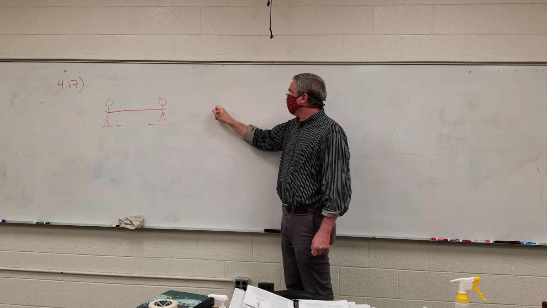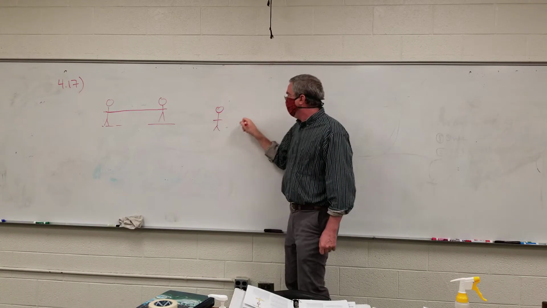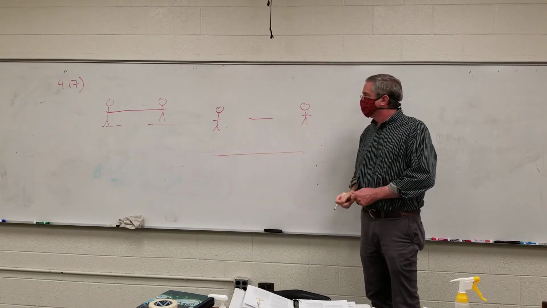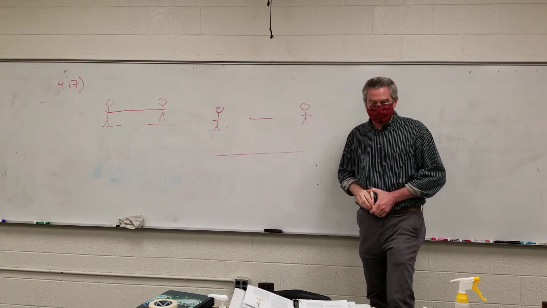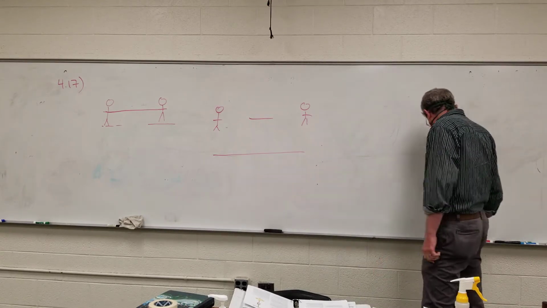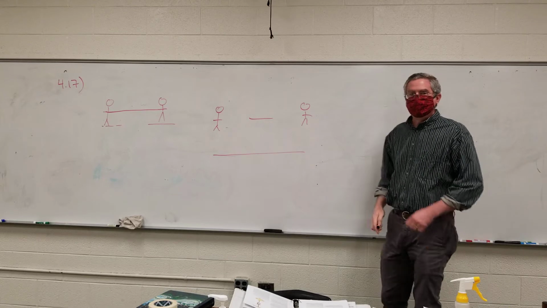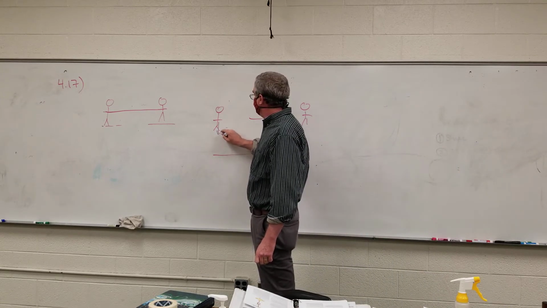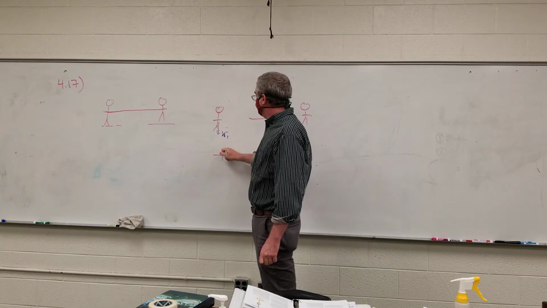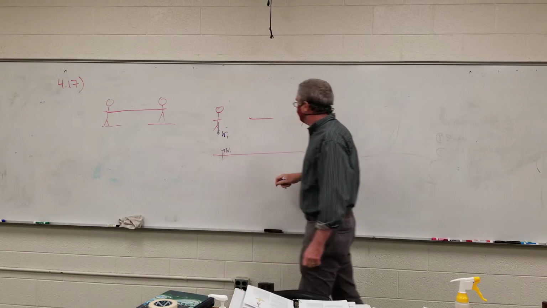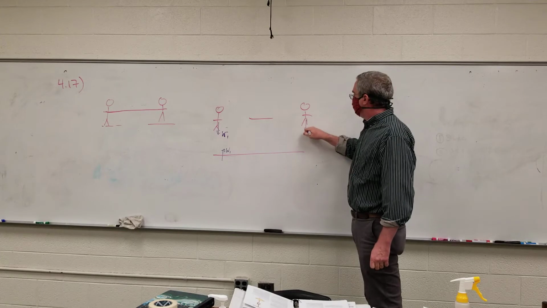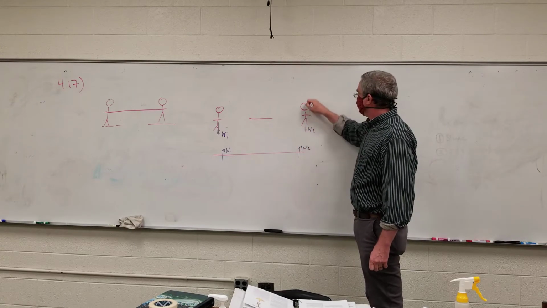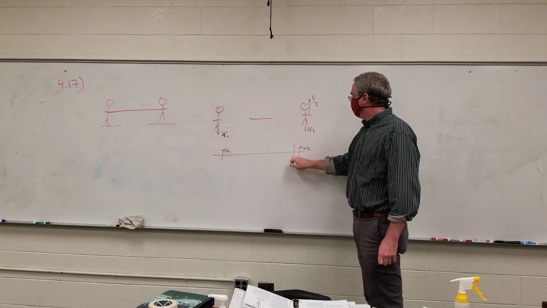So if we did a force diagram here, what are the forces? We have weight acting down on both people. Then we also have normal force acting in the opposing direction, so up on the person, down on the ground.